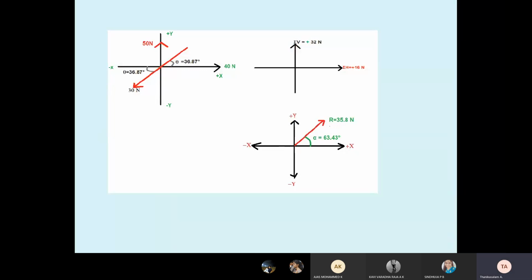Azaj Muhammad, do you understand? Vignesh, are you there? Vignesh. Vignesh, are you there?